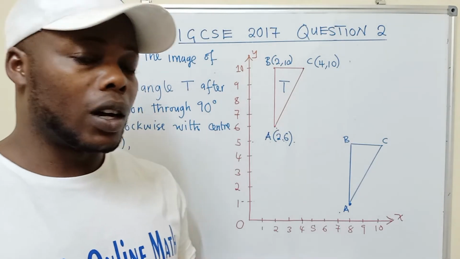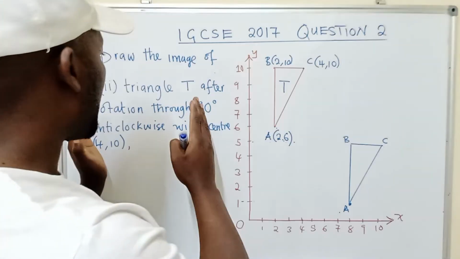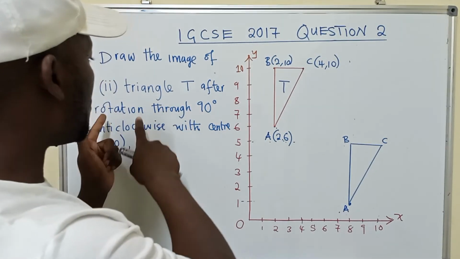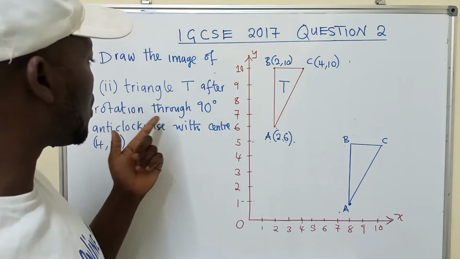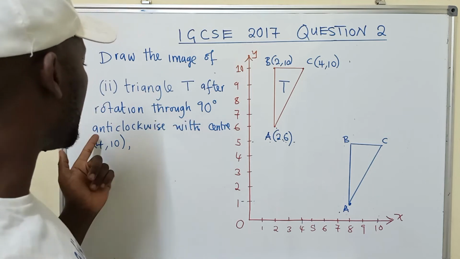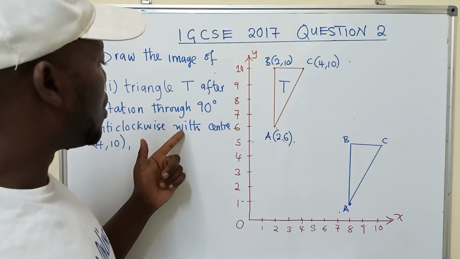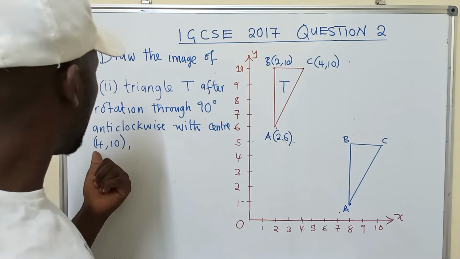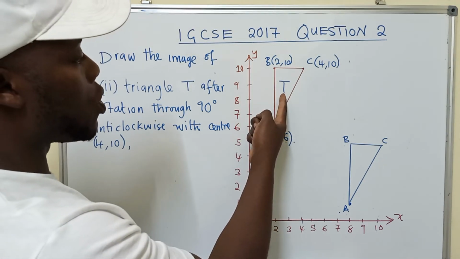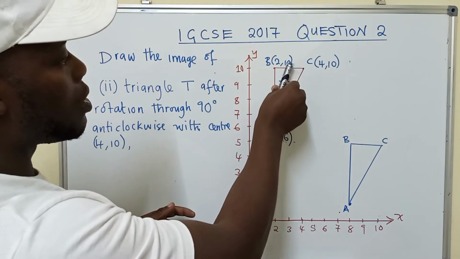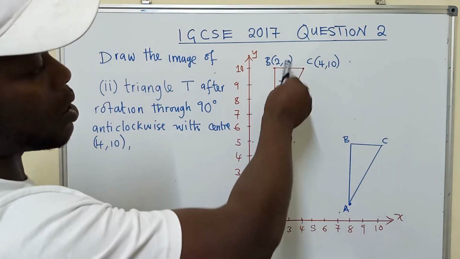All right, so the next question here, we need to draw the image of a triangle T after rotation through 90 degrees clockwise with center (4, 10). Clockwise means this triangle will go this way, like this.